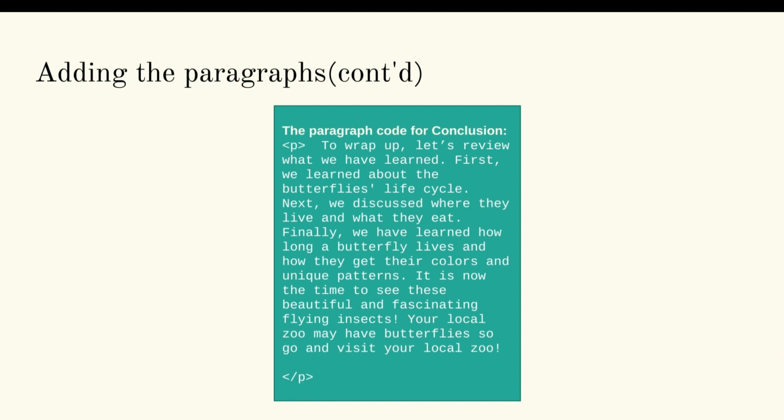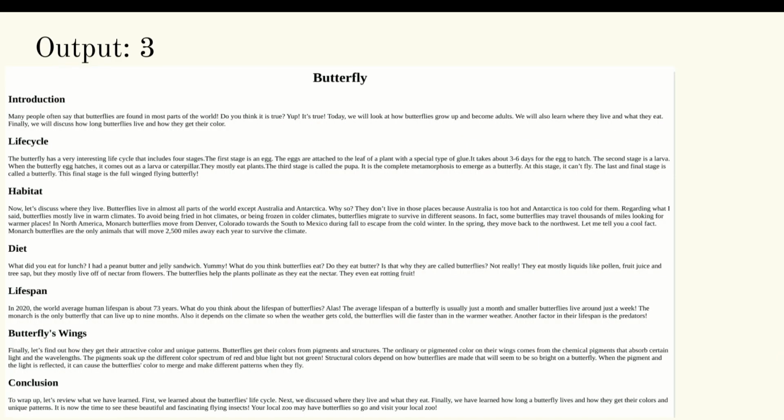It is time to see the butterflies, fascinating flying insects. Your local zoo may have butterflies, so go and visit your local zoo. And then there's a closing paragraph tag. In the output, the sections are with their separate paragraphs, and habitat is the biggest paragraph.